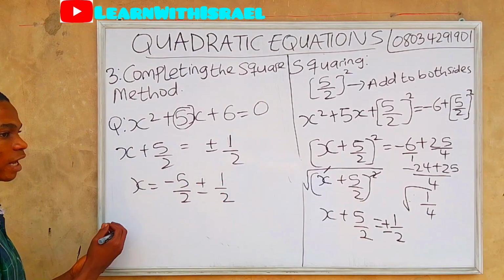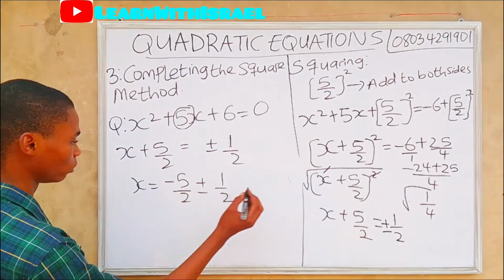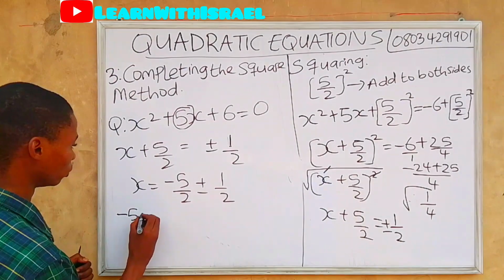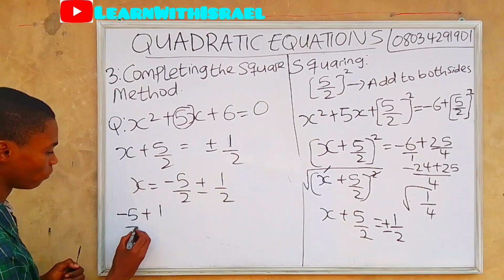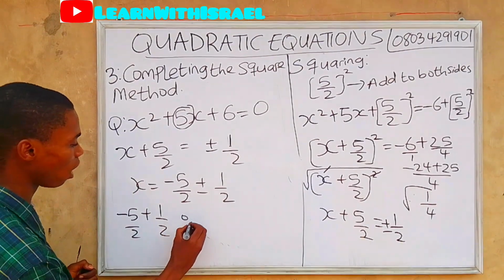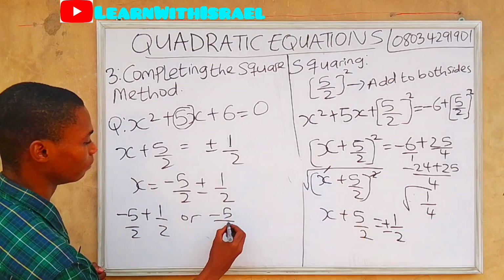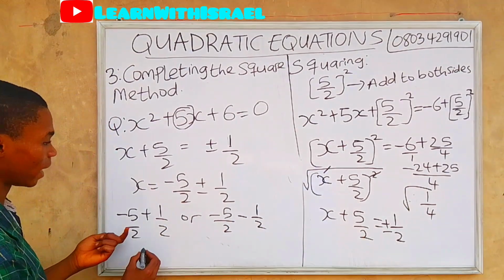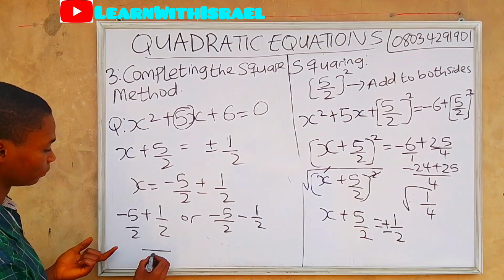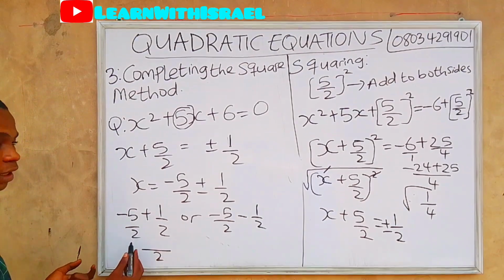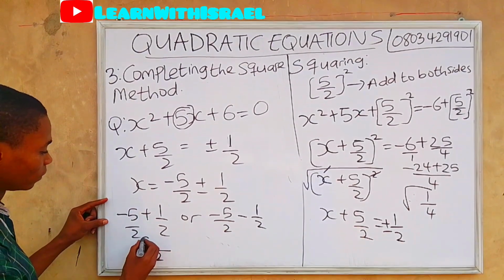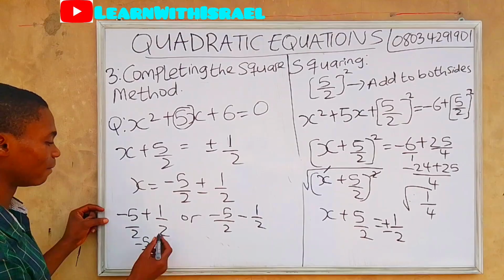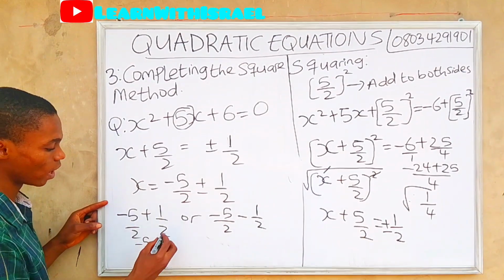Let's take plus to the left hand side and minus to the right hand side. How do we do that? Minus 5 over 2 plus 1 over 2, or minus 5 over 2 minus 1 over 2. So let's find the LCM. 2 divided by 2 will give us 1. 1 multiplied by minus 5 is minus 5, plus 2 divided by 2 will give us 1. 1 multiplied by 1 is 1.